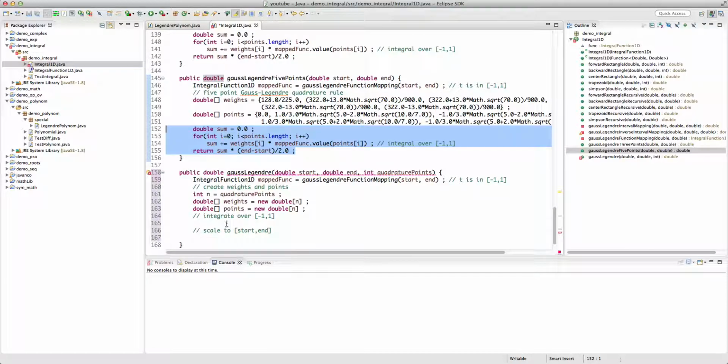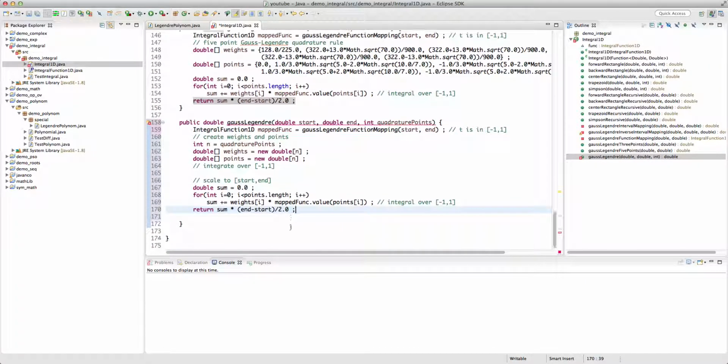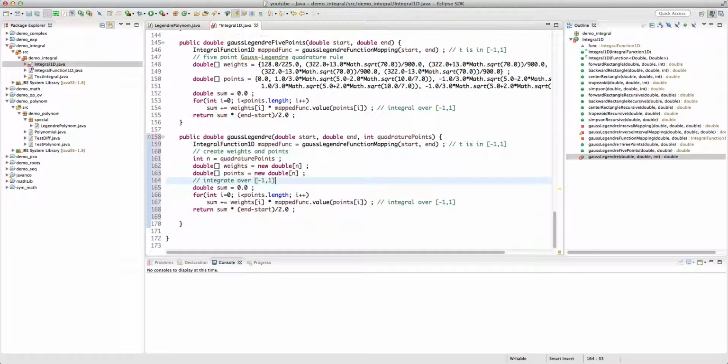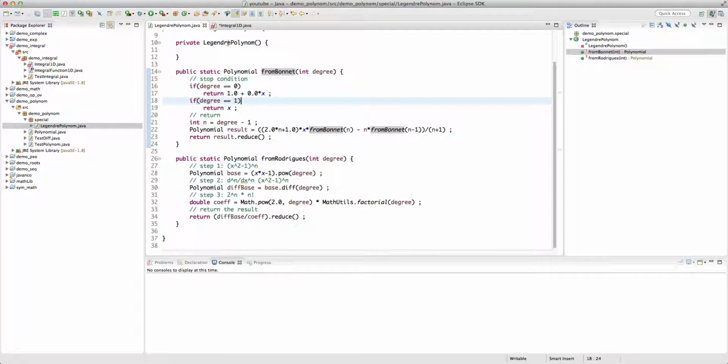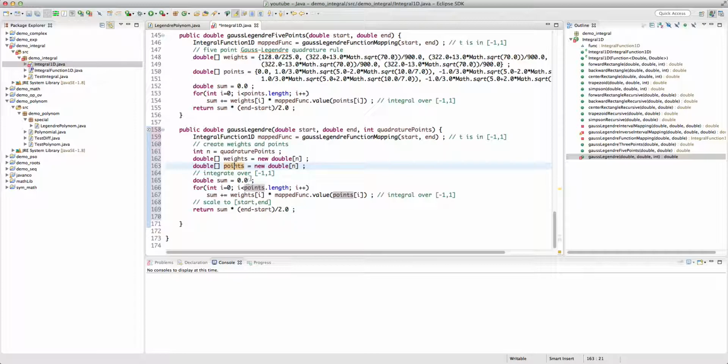So we're basically having the same thing here. We create the sum, we do a for loop to integrate over -1 to 1, and then scale it back to start end by doing end minus start over 2, right? Half of the length.